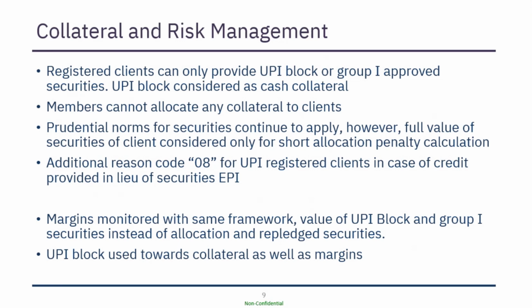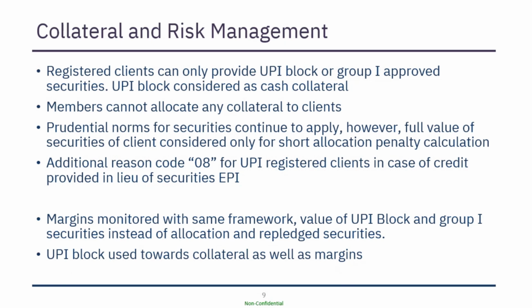So CC itself will set that as the allocation. So the member doesn't need to allocate, because the limit based on the value of the UPI block will be assigned to the client by the CC itself. And even if you try to allocate it, the system will not allow. So it's not that it is not required, it is not permitted.